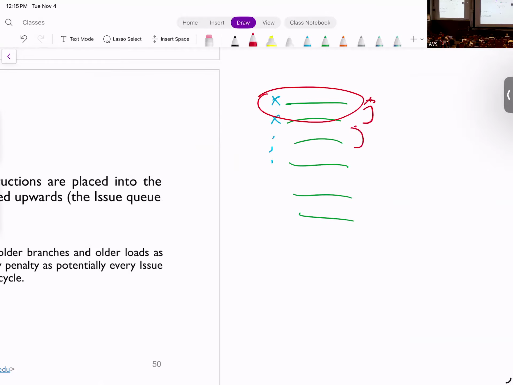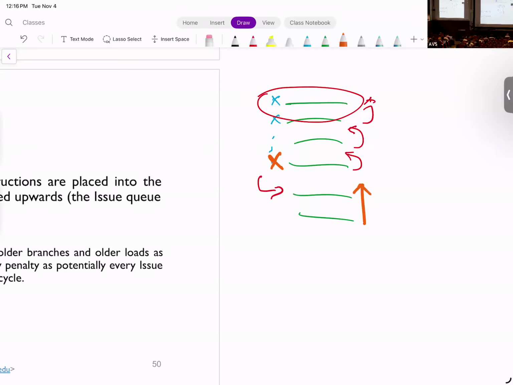So this one goes here, this one goes here, and so on. So we always maintain the age of the instructions. You only put things at the end of this queue. And if I issue something from the middle, then again I collapse it from the middle. For example, if the next instruction that I'm going to issue is this instruction, then I will make sure that the instructions below it are shifted upward.